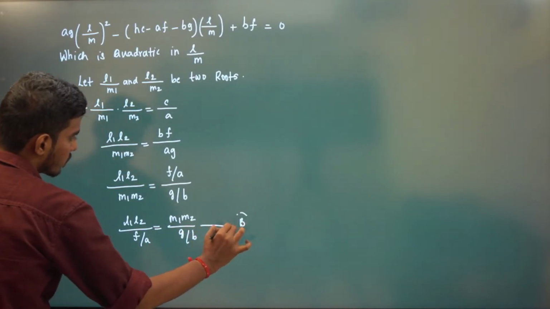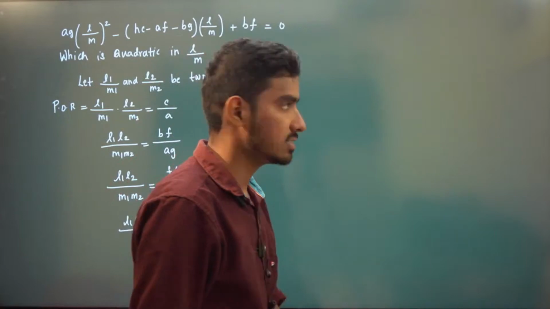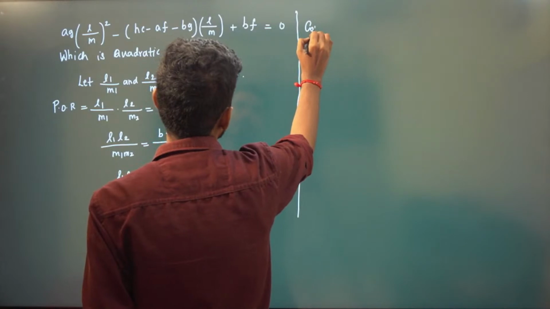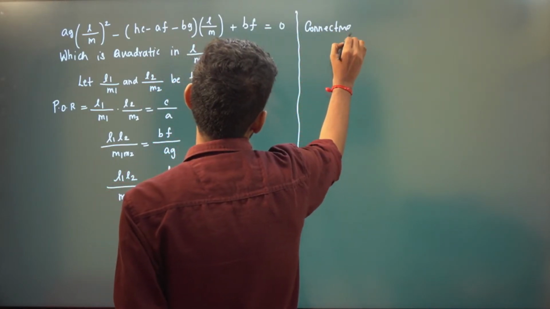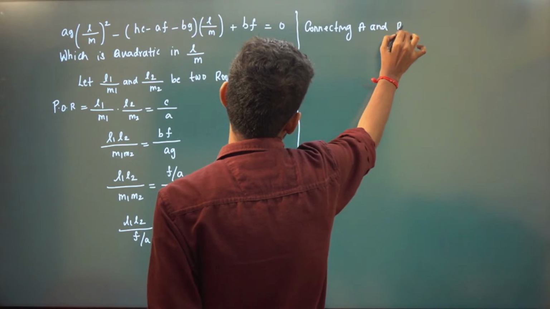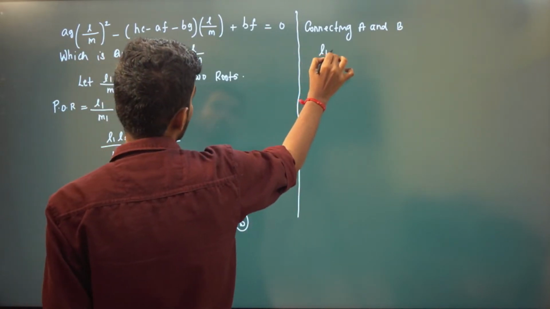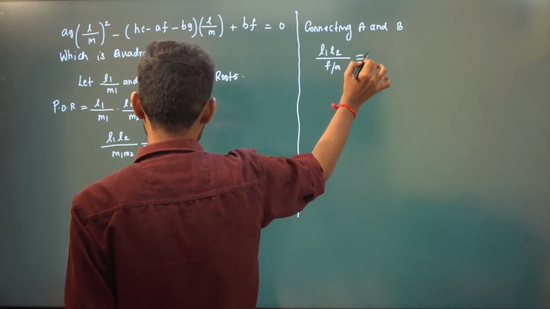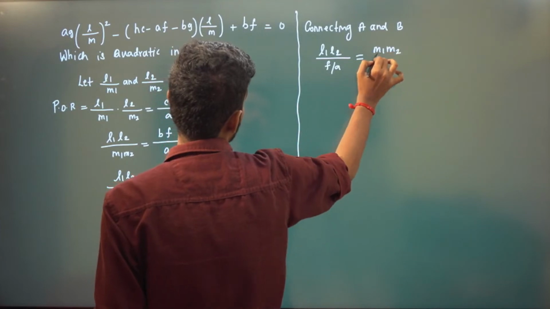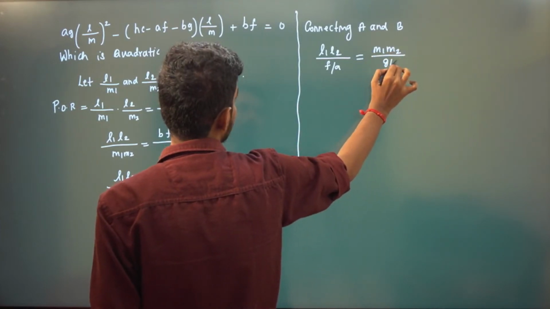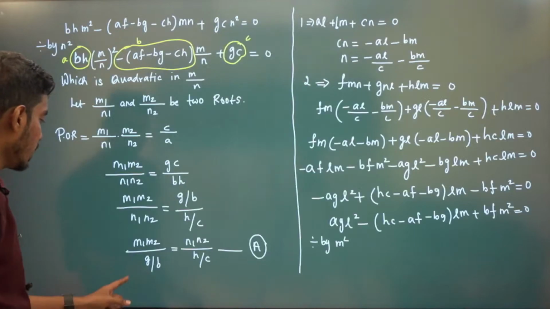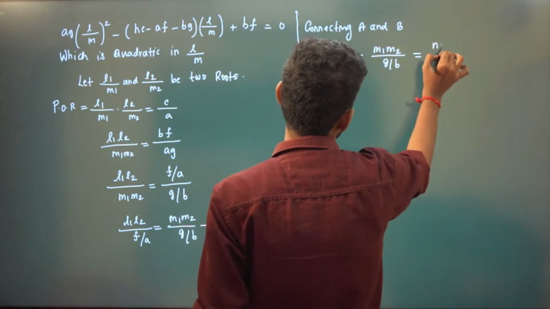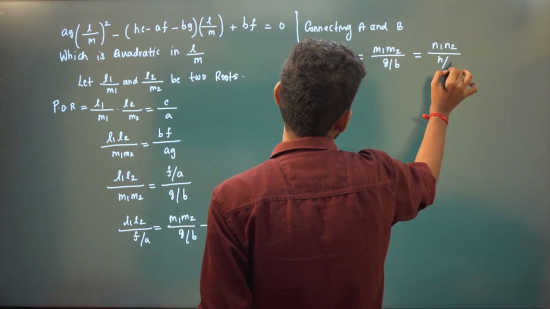Call this as B. Now connect A and B, you will get the answer for perpendicular. So connecting A and B, here we have L1 L2 divided by F by A is the same as M1 M2 divided by G by B, and that is the same as N1 N2 divided by H by C, right?